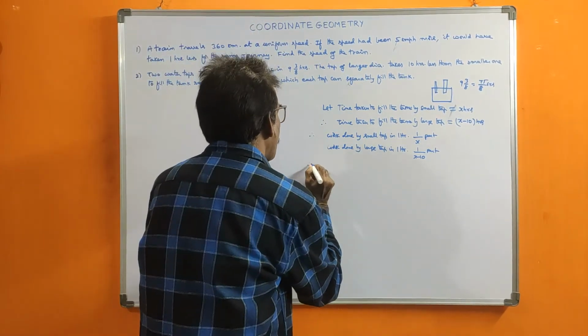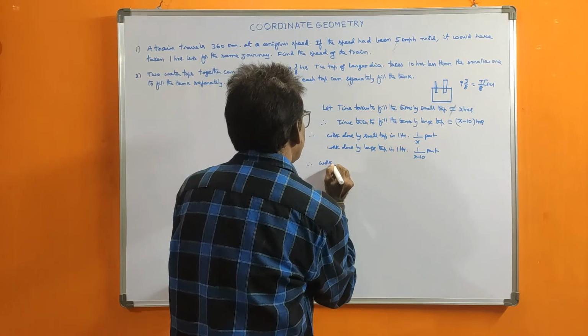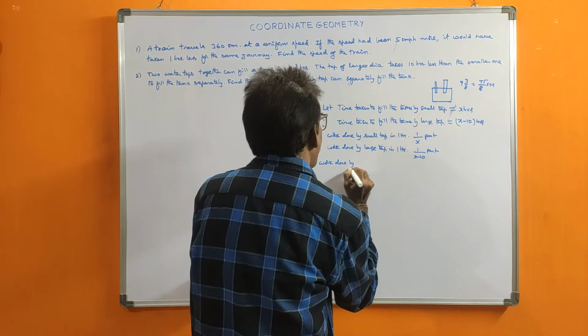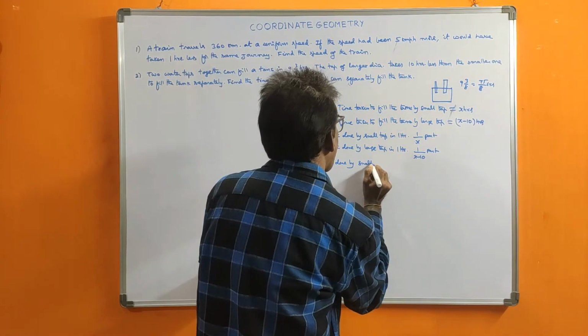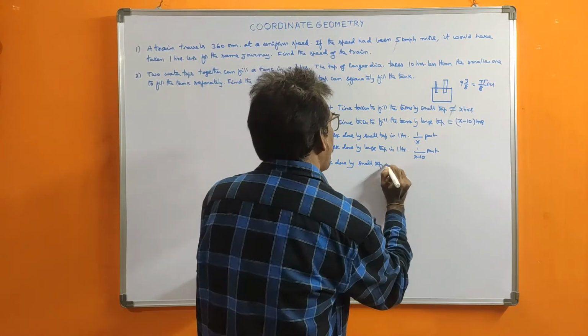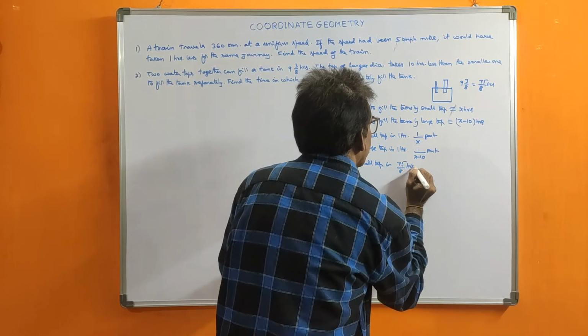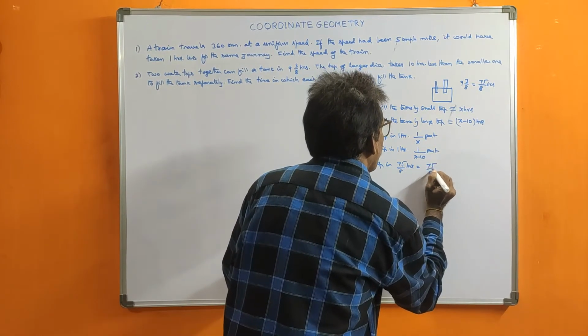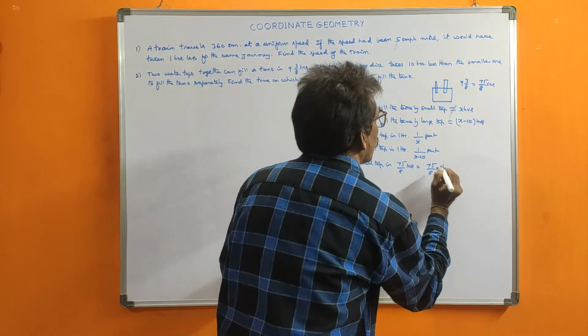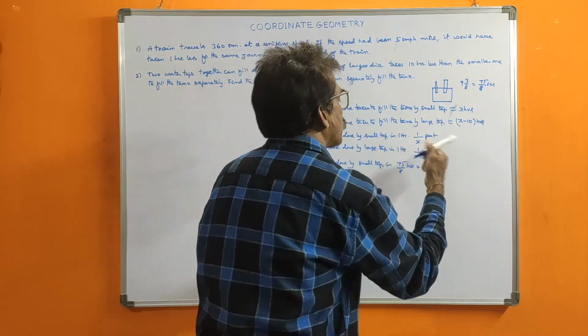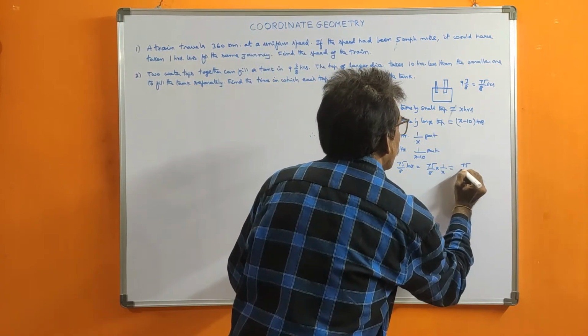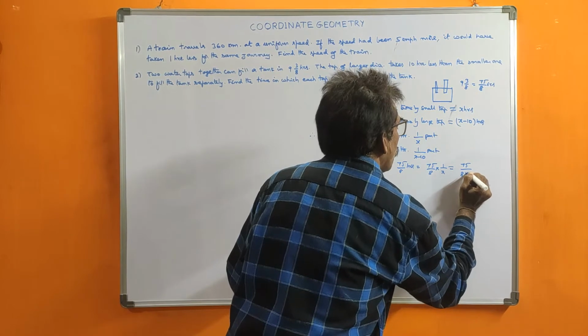Therefore, work done by the small tap in 75 by 8 hours is 75 by 8 into 1 by x, which is 75 by 8x part.